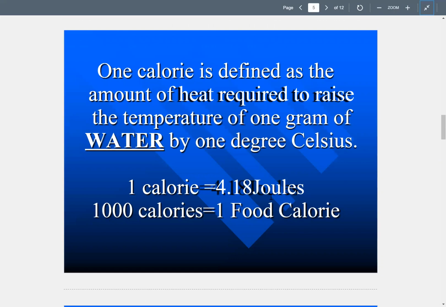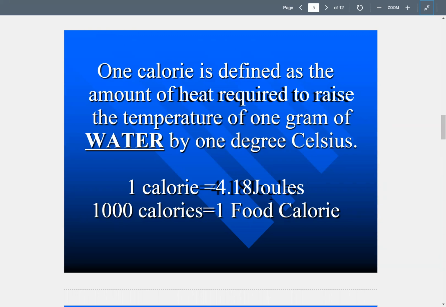So what exactly is a calorie? What exactly is a joule? And so the definition of a calorie is the amount of energy it takes to raise the temperature of 1 gram of water by 1 degree Celsius. Because remember, we're monitoring heat, Q, by the amount of energy it takes to change the temperature of that substance.